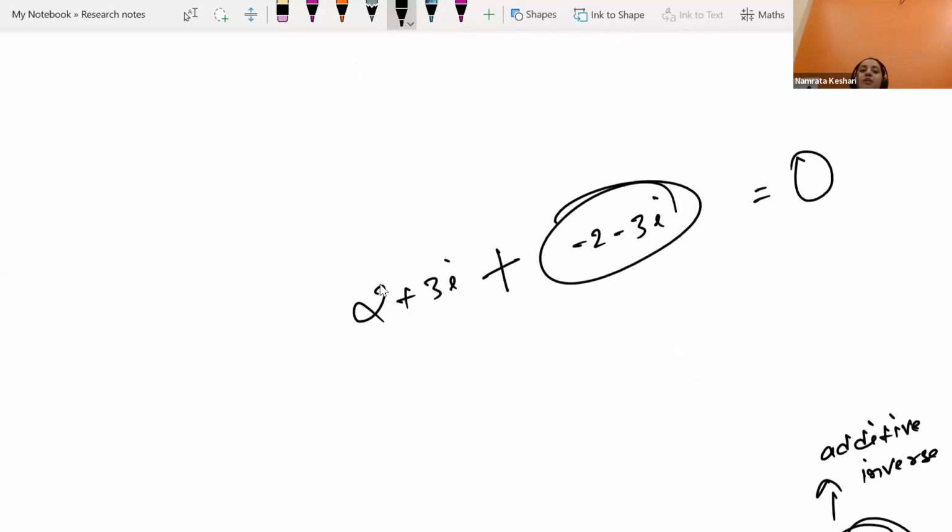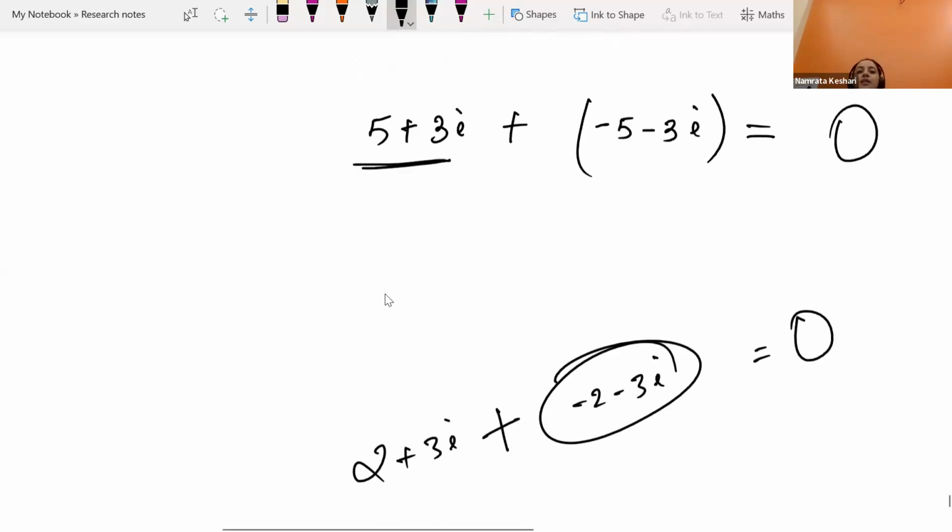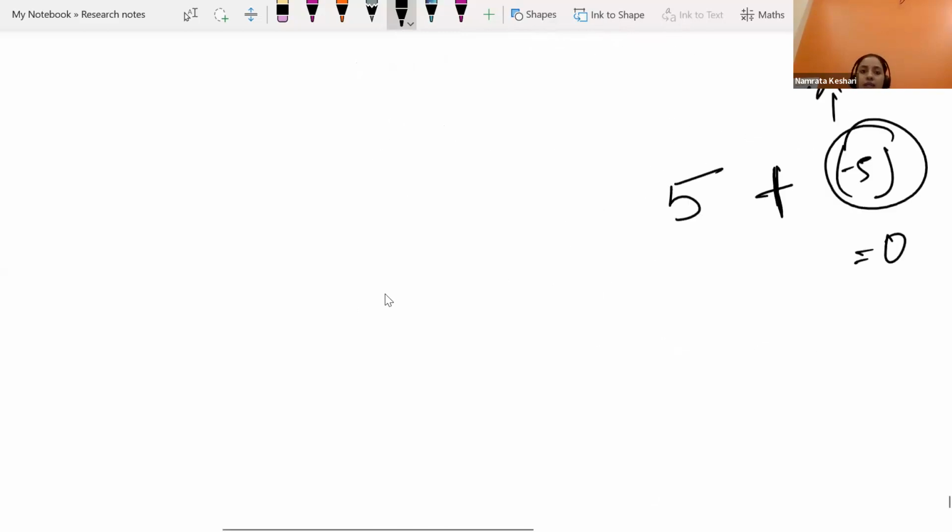So in any question, if additive inverse is asked, will you get confused? What is the additive inverse of -5 plus 3i, Ali and Alina? Yes, 5 minus 3i.